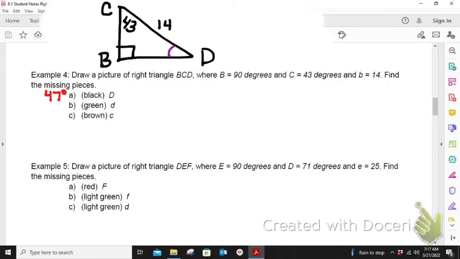But to find little d, which would be this side, the hardest thing is figuring out what trig ratio you're going to use. So what trig ratio, this is theta, am I going to use to find little d? Is that a sine, cosine, or a tangent? So this is the side that I know. This is the side I'm trying to find.